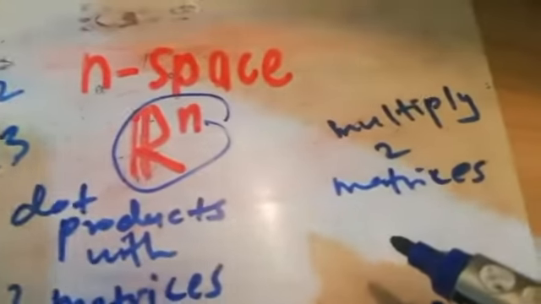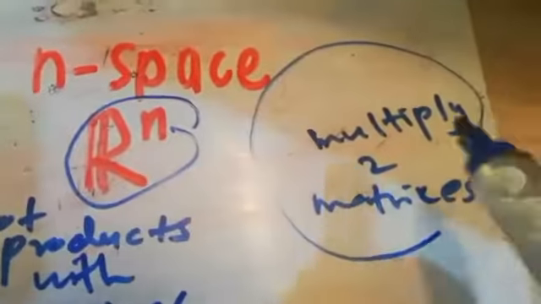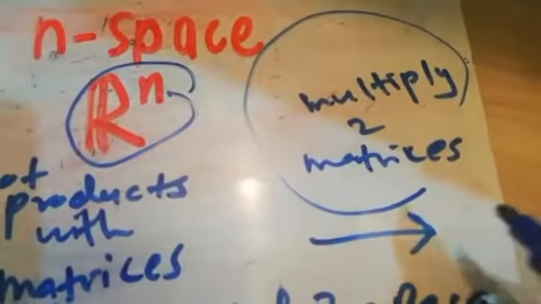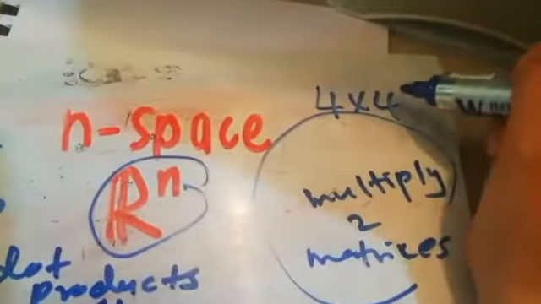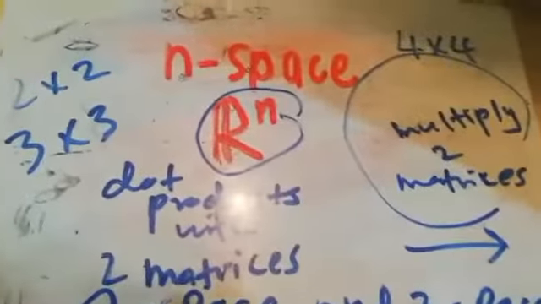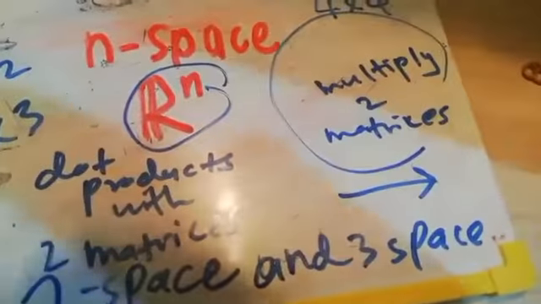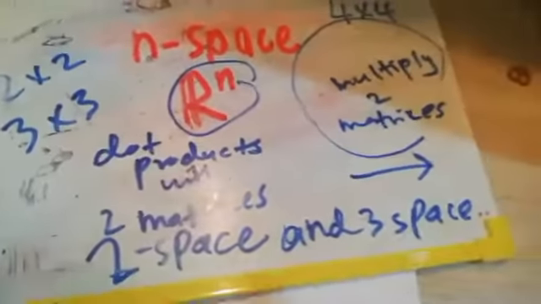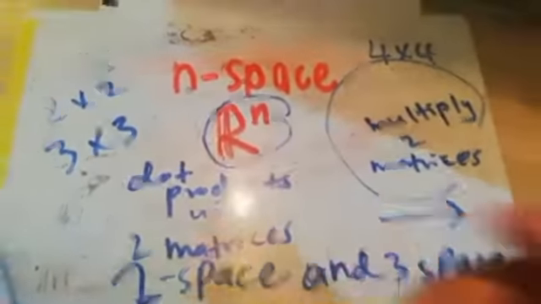But in multiplying matrices, you can do more than that, like 4 times 4 and so on. So those are the 3 differences I found: first is the object, second is the formula, and third is the n-space for the two different things.